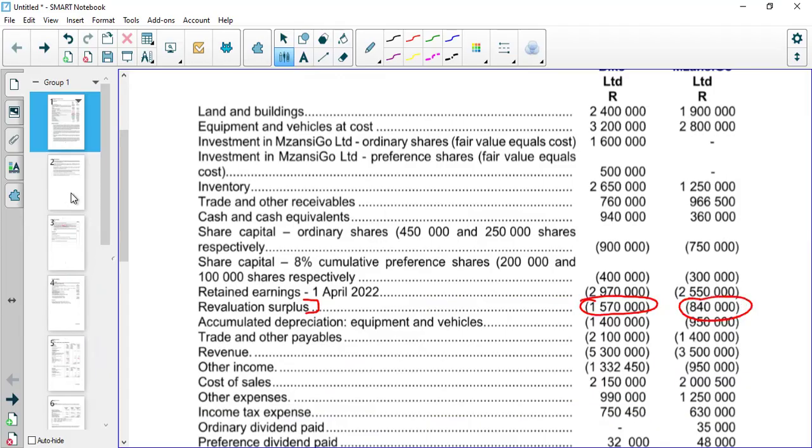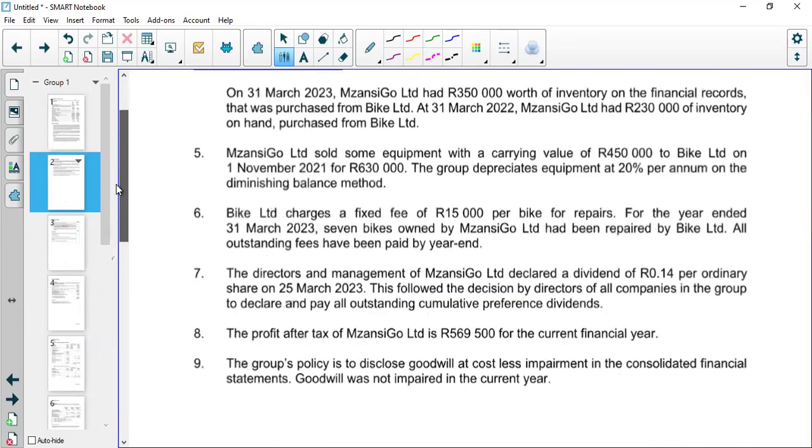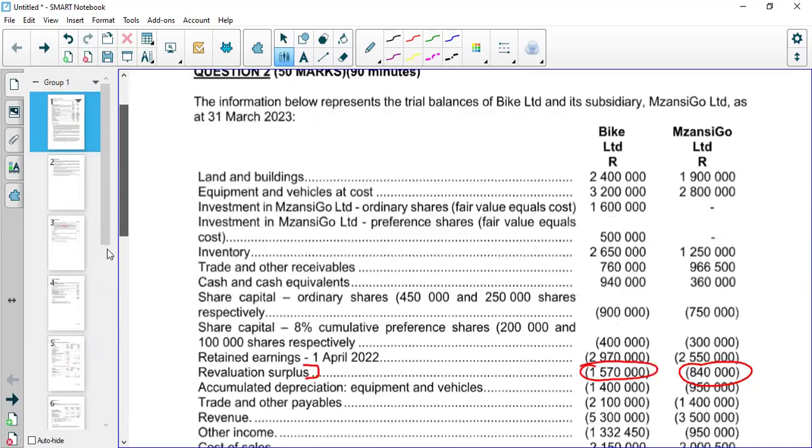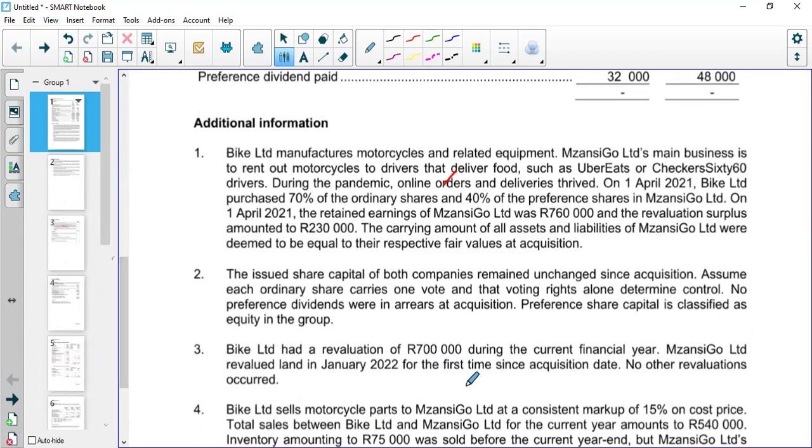So we are told that the parent did a revaluation of 700 during the current year. The subsidiary revalued land in January 2022 for the first time since acquisition date. No other revaluations occurred.